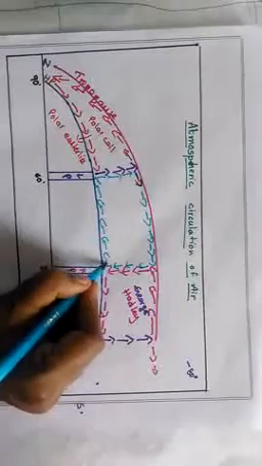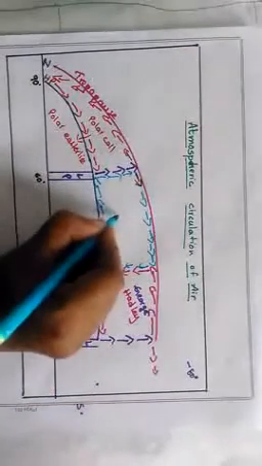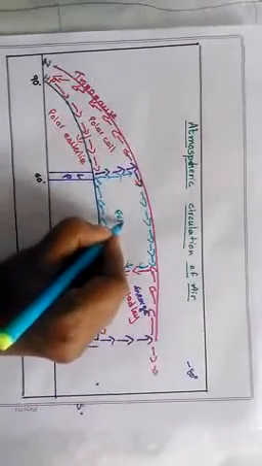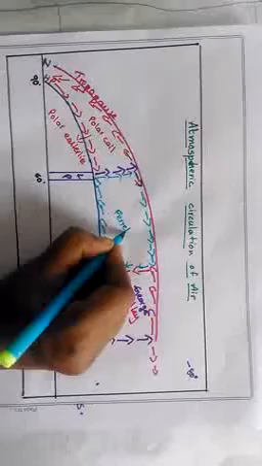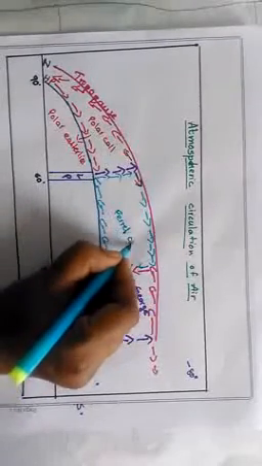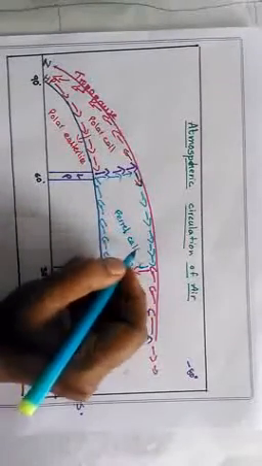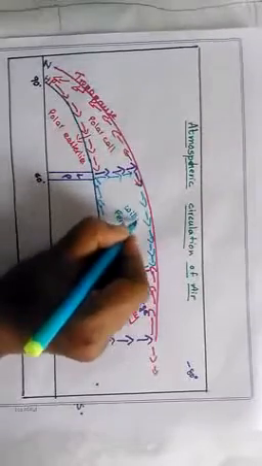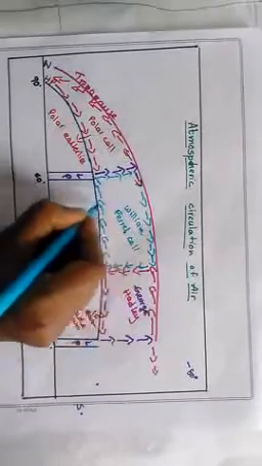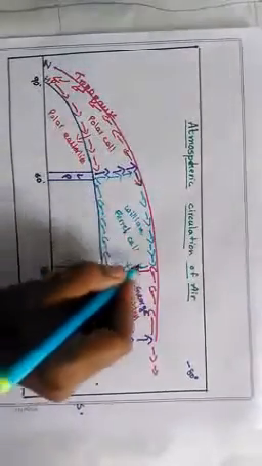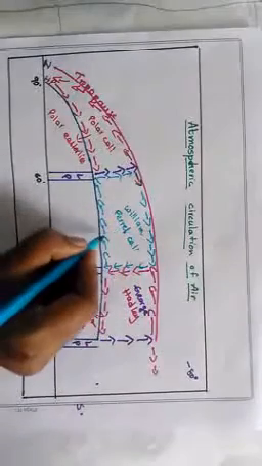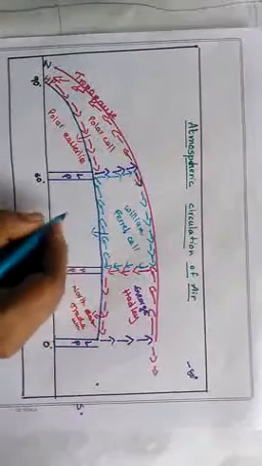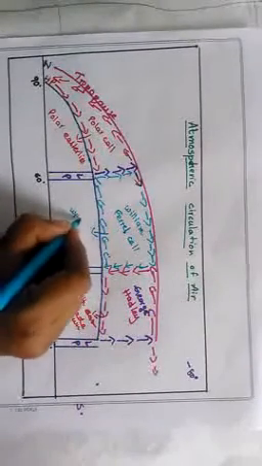For this, one cell will be completed. This is called the Ferrel cell. It was discovered by William Ferrel, so this cell is named the Ferrel cell. The winds which are blowing here are called the westerlies.